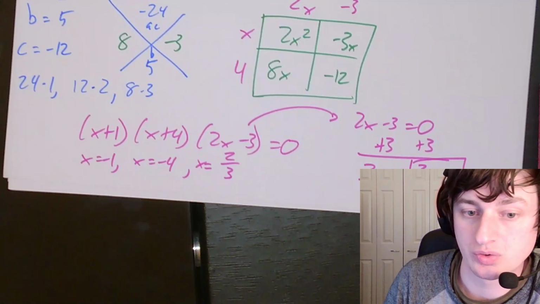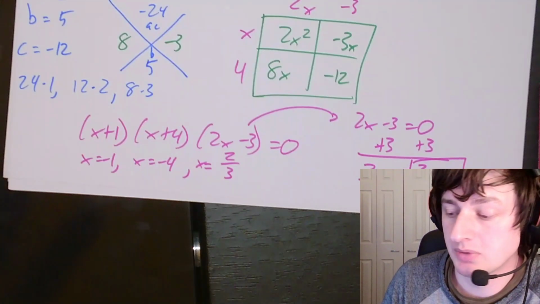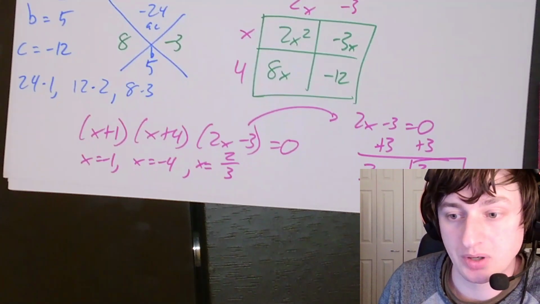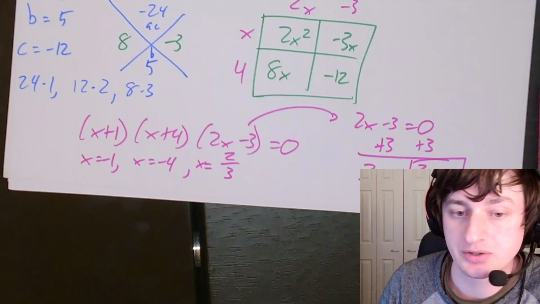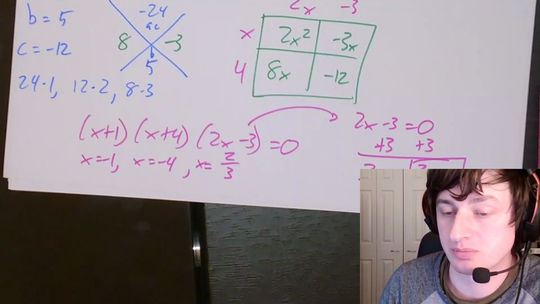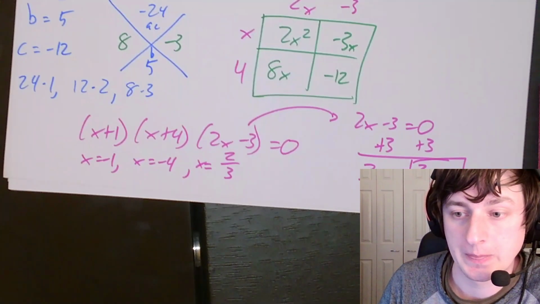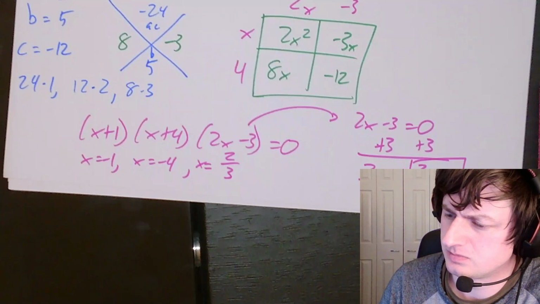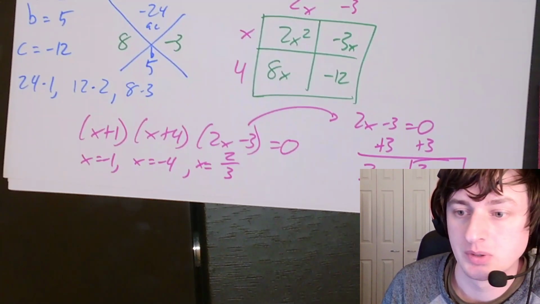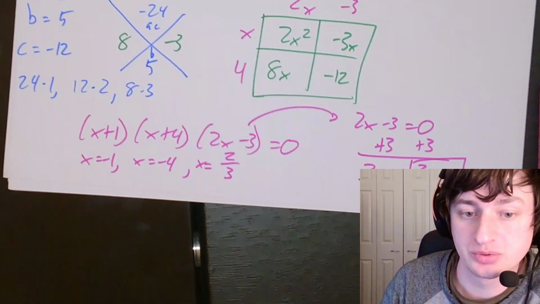Okay, so we're still using the rational root theorem, especially because our original polynomial had no greatest common factor and no factoring by grouping. Yeah, it wouldn't factor by grouping. And so we have to use the rational root theorem.